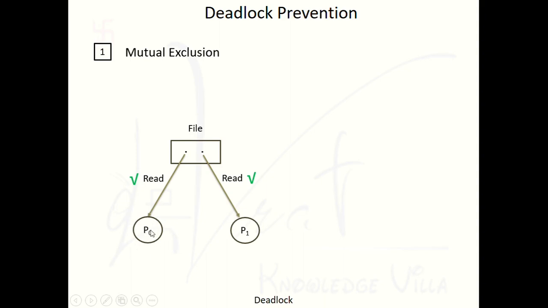But parallelly, at the same time, process P1 wants to access this file for the writing purpose. Is it possible? No, this is not possible. Why? Because at the same time 2 persons can read a file, but at the same time 2 persons cannot write inside the file.